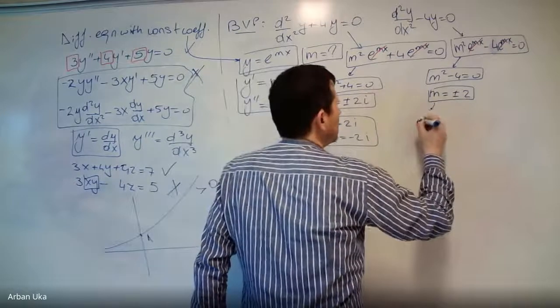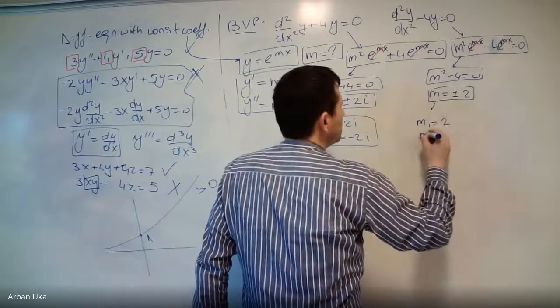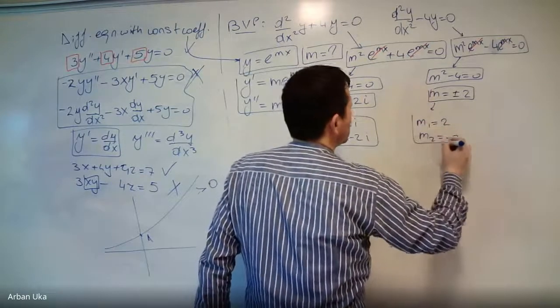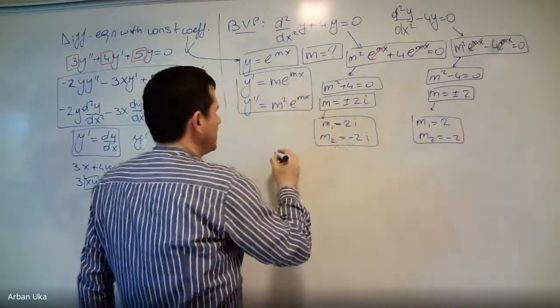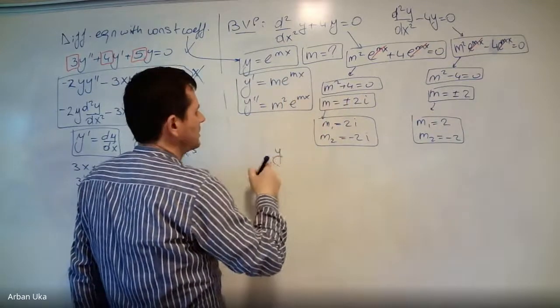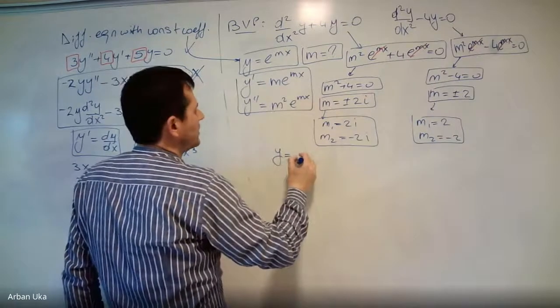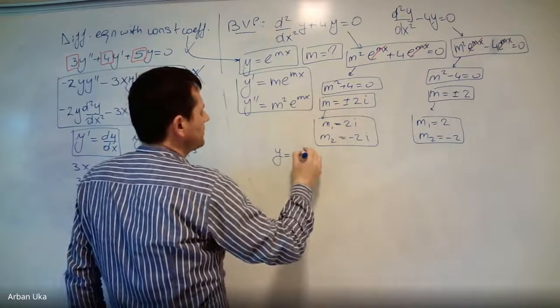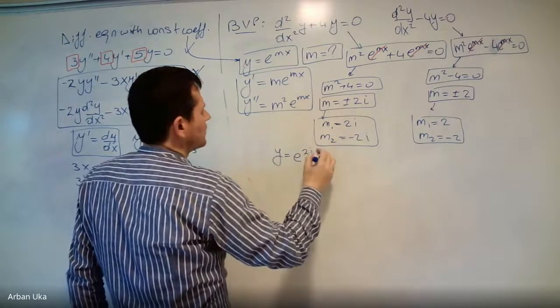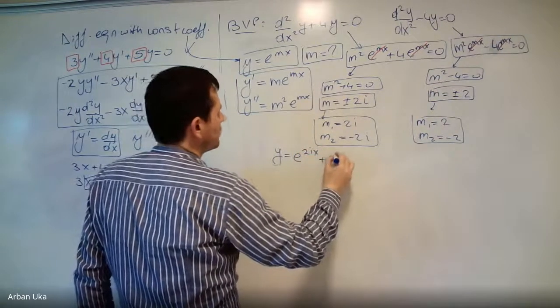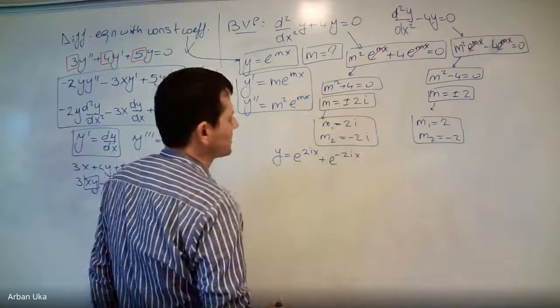And here m1 is equal to 2, m2 is equal to minus 2. Then we have that y is equal to e to the power 2ix plus e to the power minus 2ix.